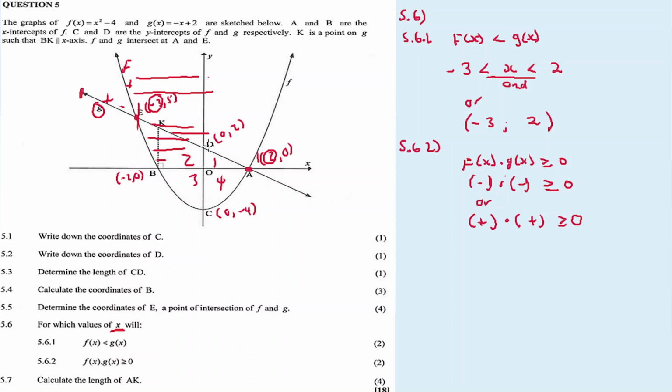Up until I reach this point. Because when I go past this point, here I get a positive but there it's negative. But I want both of them to be negative or both positive. From point B, going to the right, I get a negative and a positive, which is something I don't want.